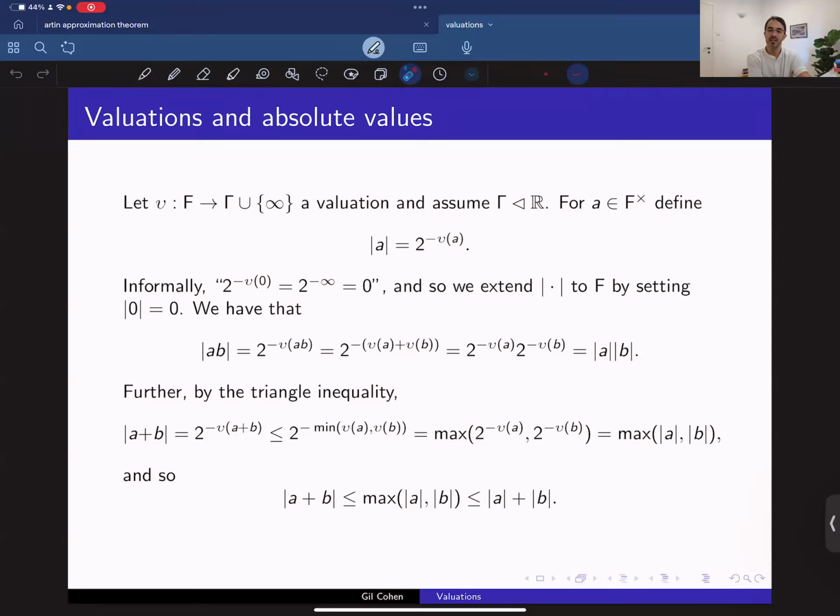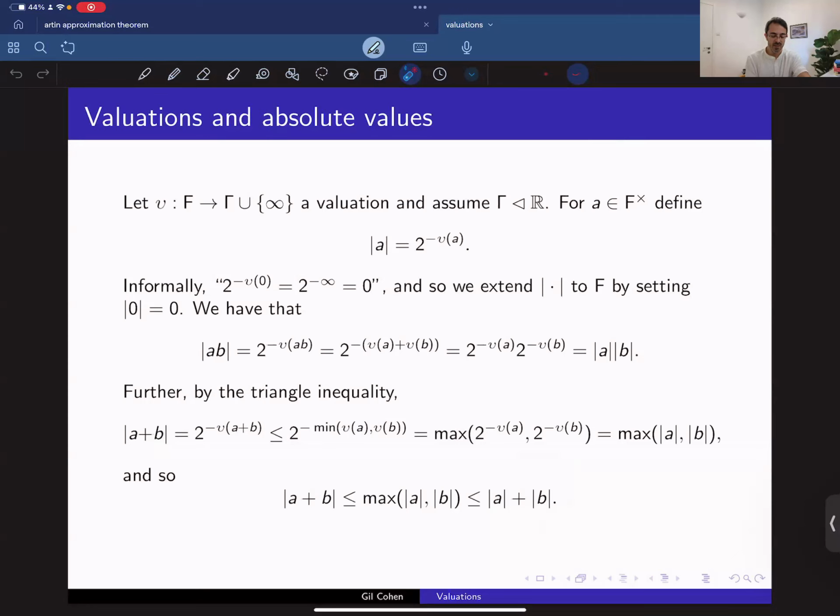So what does the triangle inequality say? Let's look at the absolute value of A plus B. What we want to show is that it is at most the absolute value of A plus the absolute value of B, namely the triangle inequality. That's essentially the reason why we call this property the triangle inequality for valuations. But actually, something stronger is going to happen.